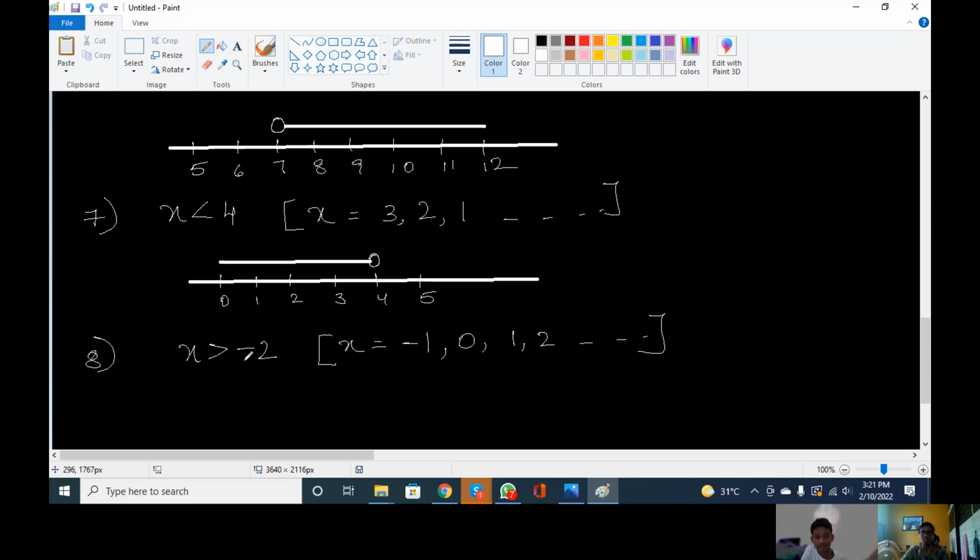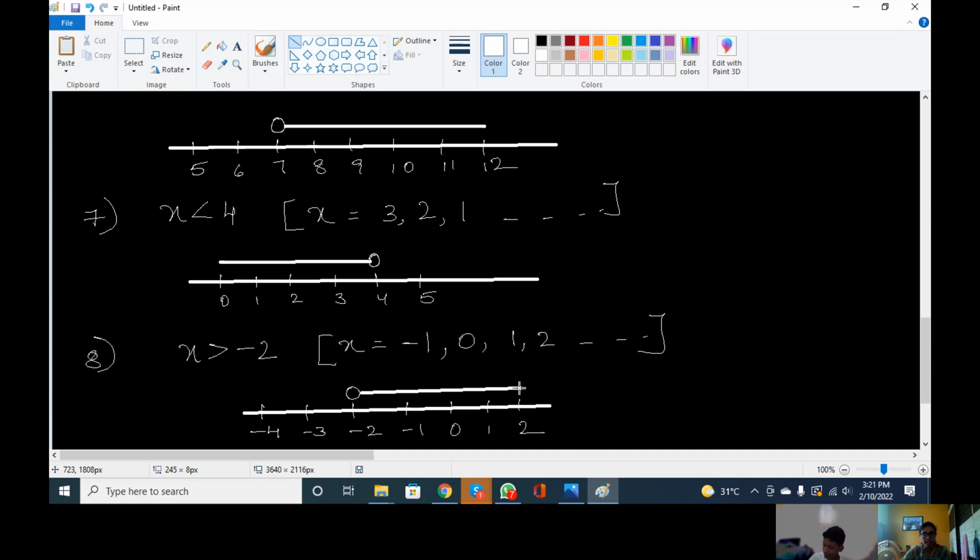So the values greater than negative 2 are negative 1, 0, 1, 2, and so on. Negative 4, negative 3, negative 2, negative 1, 0, 1, 2. So circle at negative 2, and greater than means open to the right side.